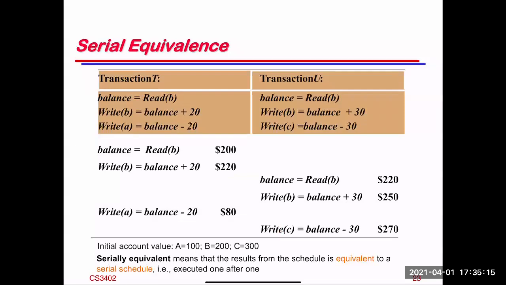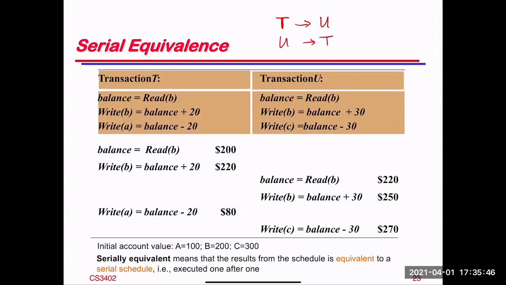So is this equivalent to a serial schedule? What do you think? So what would be a serial schedule? How many serial schedules are there for these two transactions? Two, exactly, right? So either we first have T and then U, or we have U and then T. That's the only possibility.